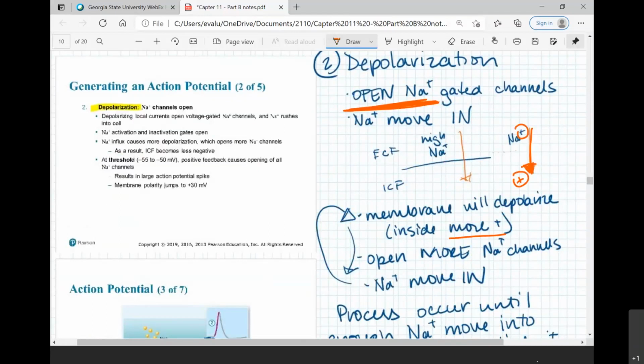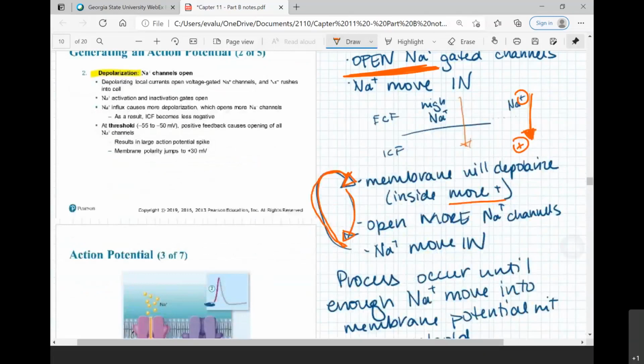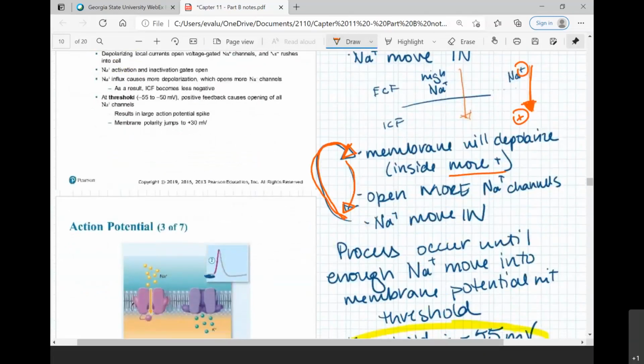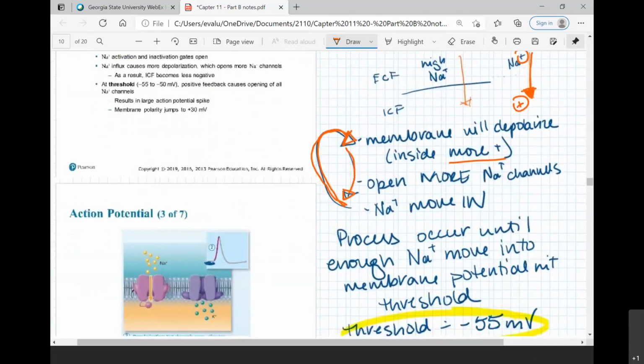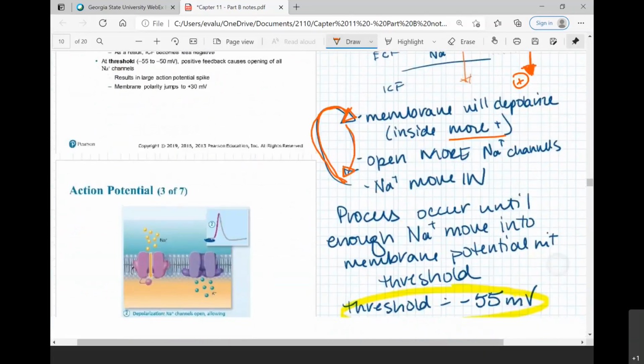If you open up a sodium channel and it lets positive ions in and your inside becomes more positive, it creates this cycle where it will then in turn open up another sodium channel and it will move more sodium in and it will become more positive, which will open up a new sodium channel. So you get this cycle. This process will occur until enough sodium has moved into the cell that you hit something called threshold.